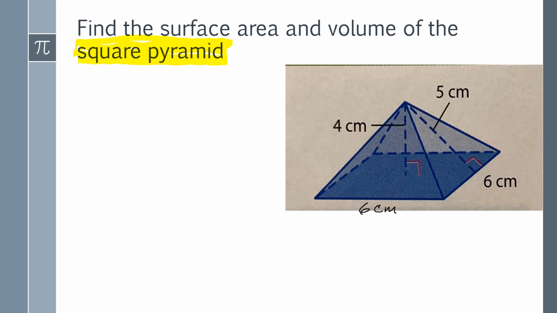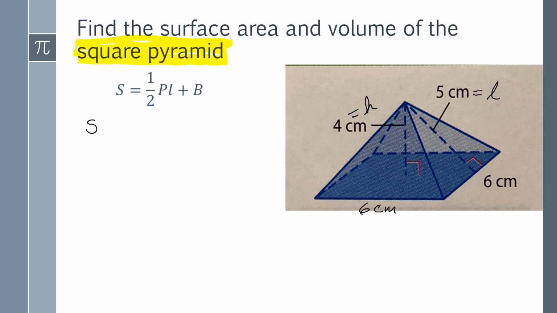So we want to keep in mind our formula for surface area. S is equal to 1/2 the perimeter, P, times the slant length, which is L, plus the area of the base. 4 is equal to the height, which is H. Now we just need to plug in.